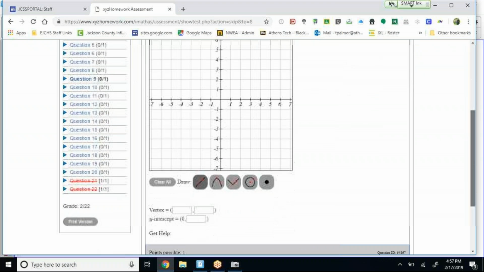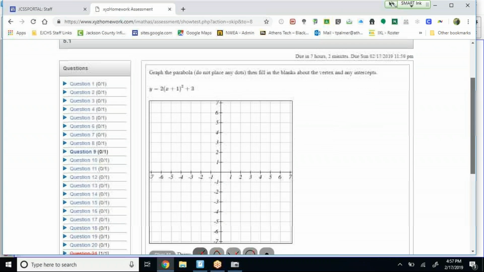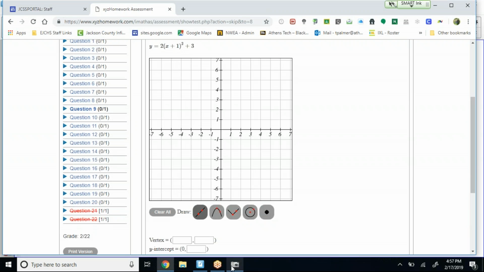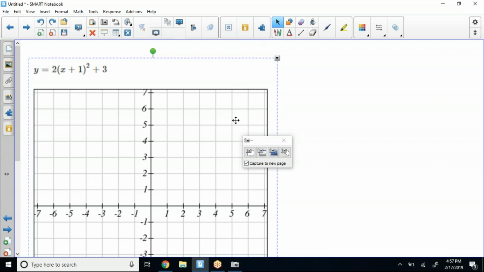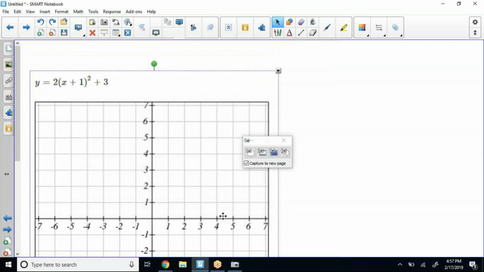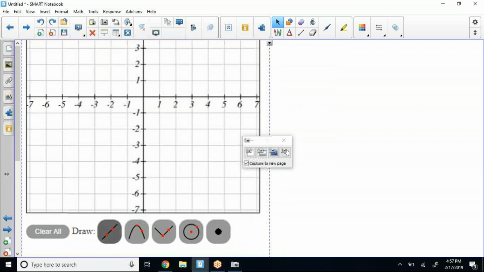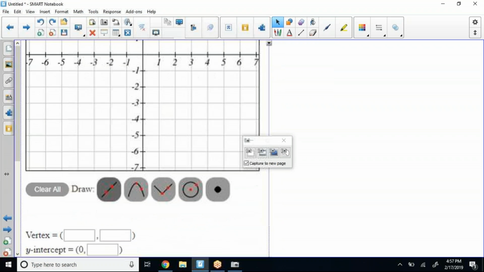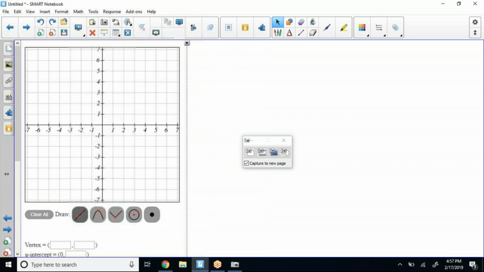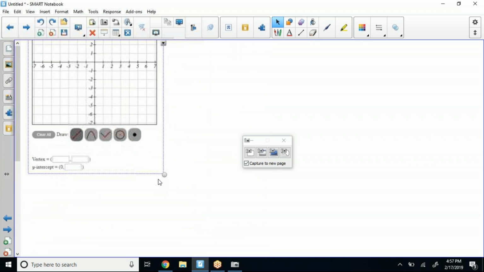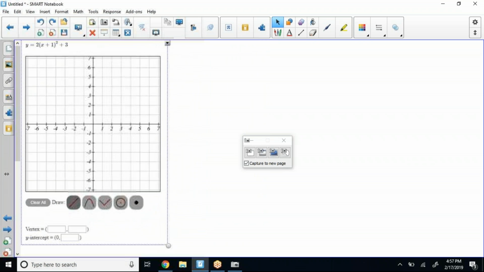Okay. So let me grab this. Again, this happens to be already in vertex form, so that's really cool because we don't really have to do anything else.